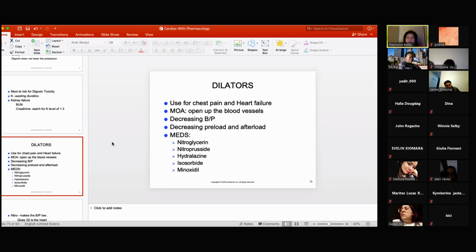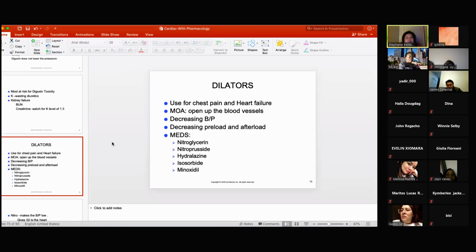Examples of these medications are nitroglycerin, nitroprusside, hydralazine, isosorbide, and minoxidil. I know you have a lot of questions about minoxidil too. They open up the blood vessels, decreasing your blood pressure this way.